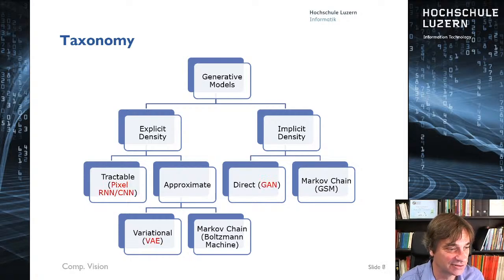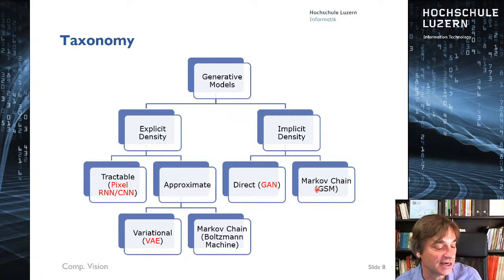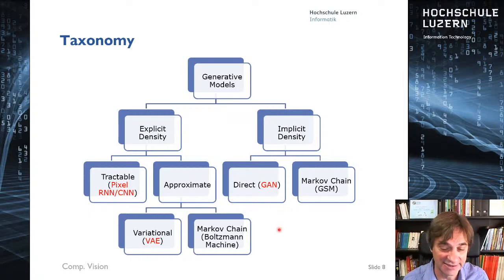We will look not at all of them, but just at three of those approaches today, so that you have seen a bit what it is about. And these are also, I would say, the most popular approaches in the field. So one is the pixel RNN and CNN, variational autoencoders, and then the generative adversarial networks called GANs.